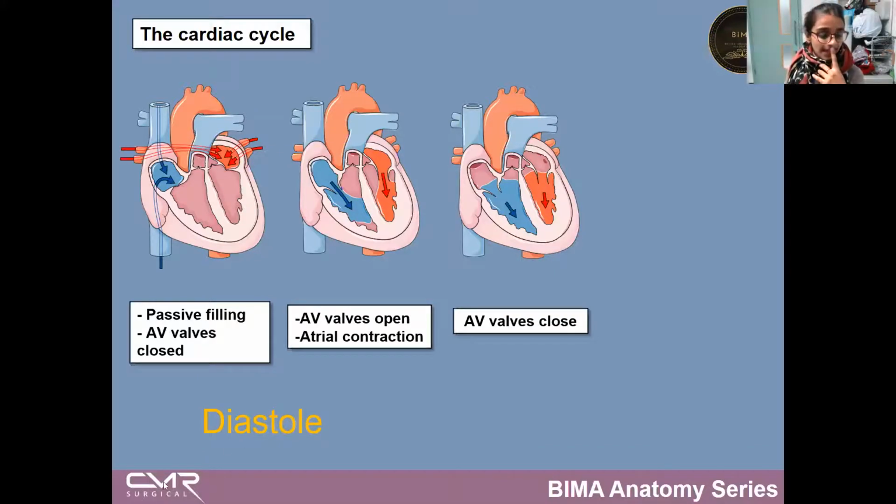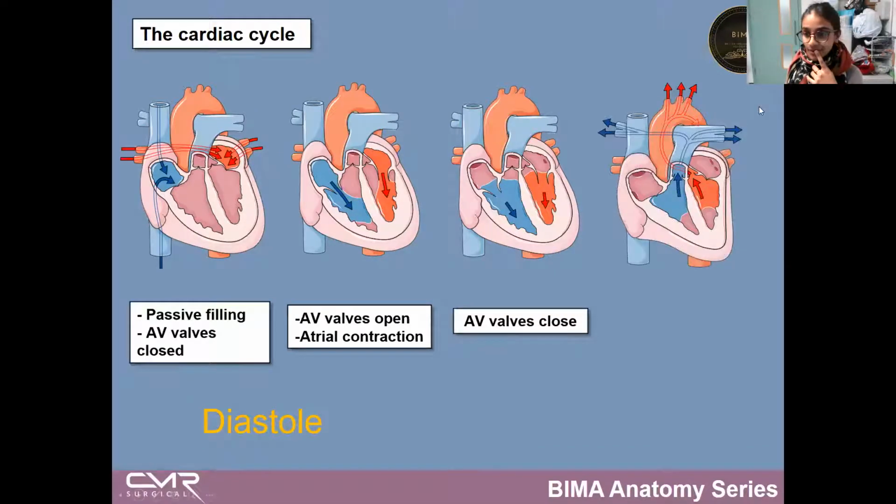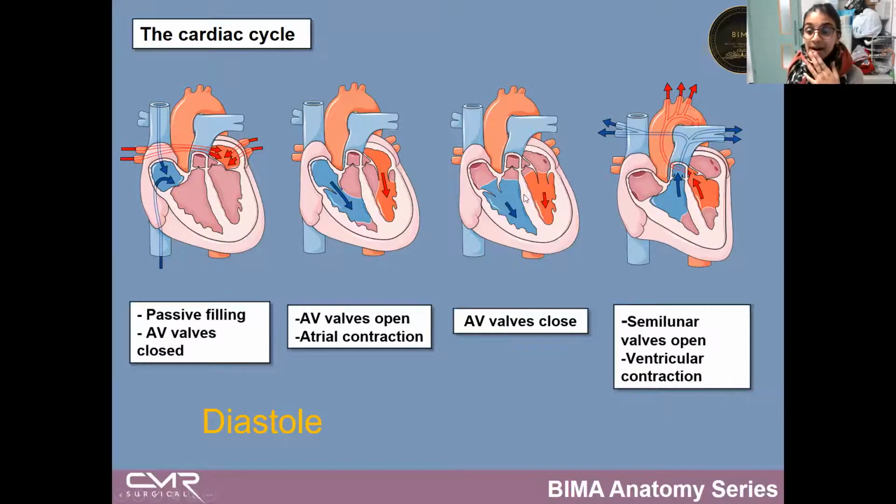And then we've got the ventricular contraction, which is probably the most important part of the heart's function. So those semilunar valves, which are your aortic and pulmonary valves, open up nicely, your ventricles contract, and your blood comes out. That's systole. And when your aortic and pulmonary valves close is when you have your second heart sound.